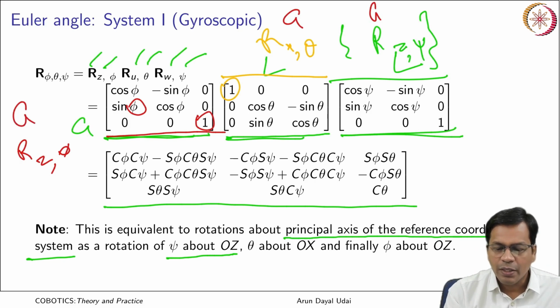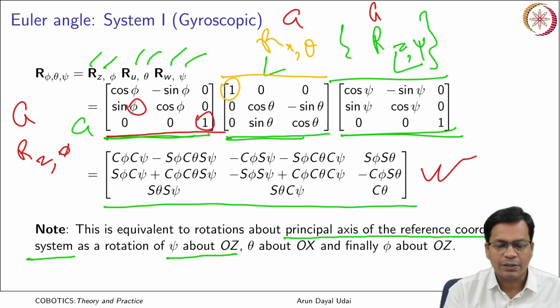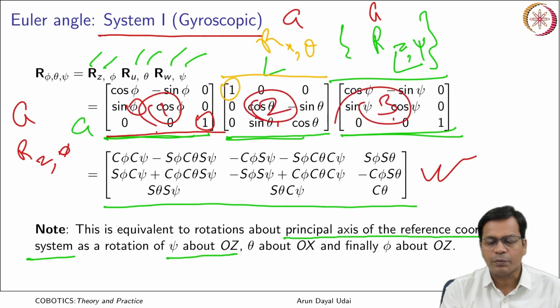So, if I could rotate about global, global, global and reach the same orientation, I could have easily done this. But in this case, the gyroscopic system, it is global, local and local: first, second and third transformation.